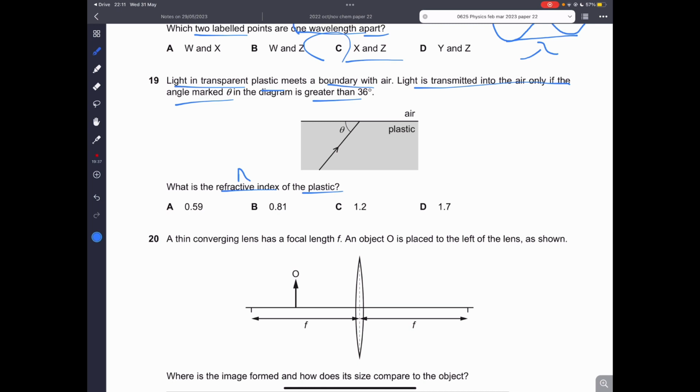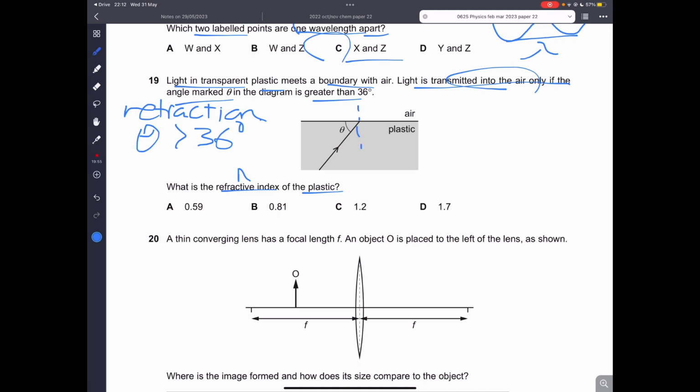So now we have to know that this is greater than 36. It only transmits into the air if it's greater than 36. So the refraction will only occur when the angle is greater than 36 degrees.